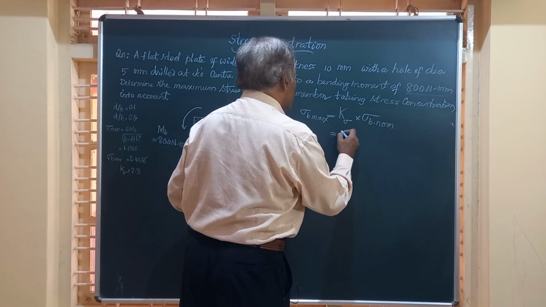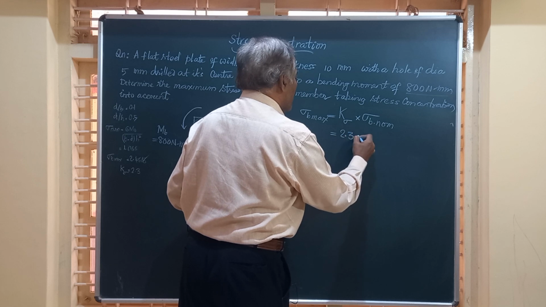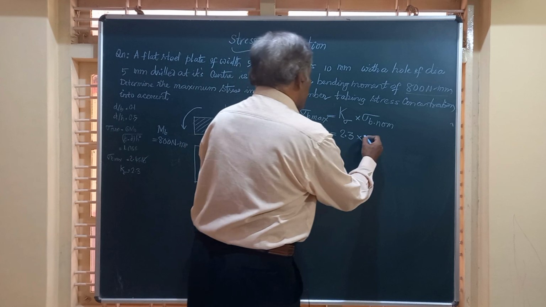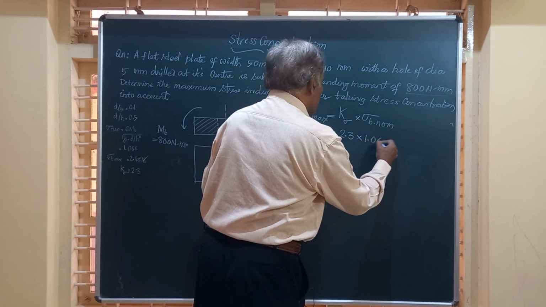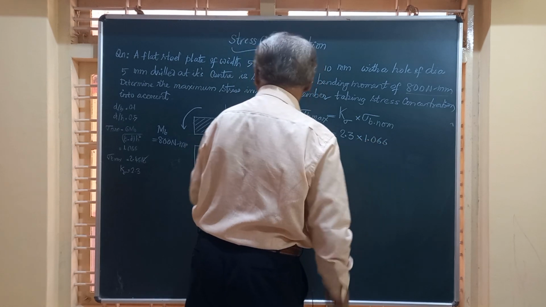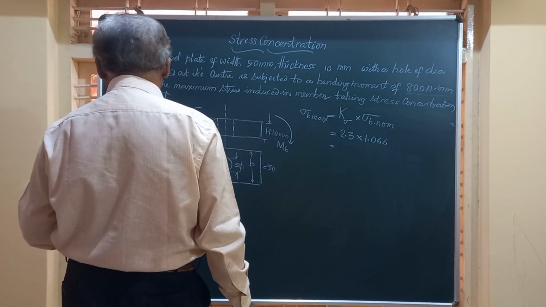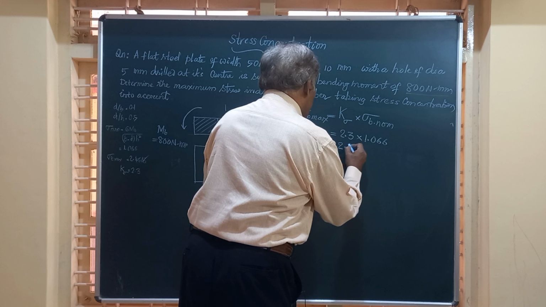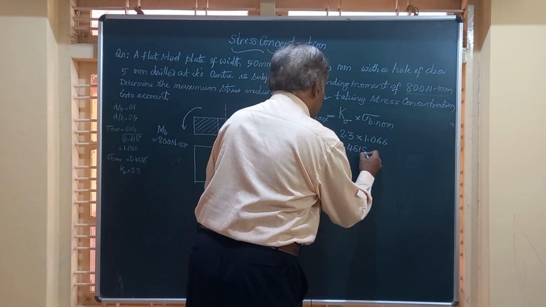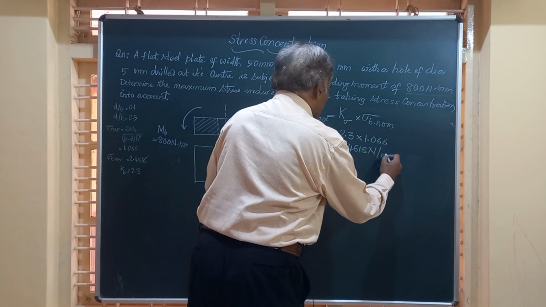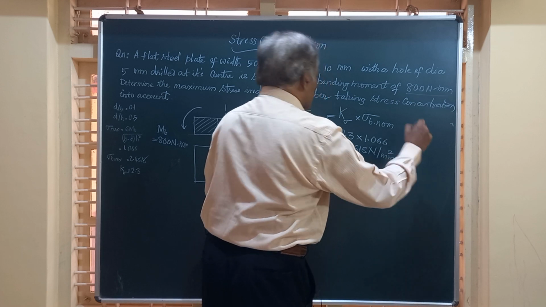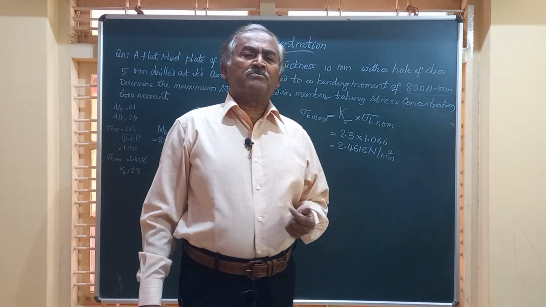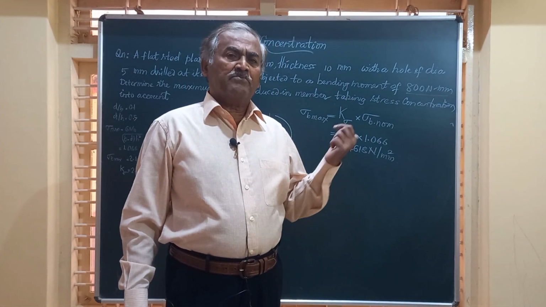We have this K sigma from the graph as 2.3, and sigma nominal is 1.066. That works out finally to 2.4618 Newton per mm square. Friends, this is one of the important questions on a flat plate subjected to a bending moment.